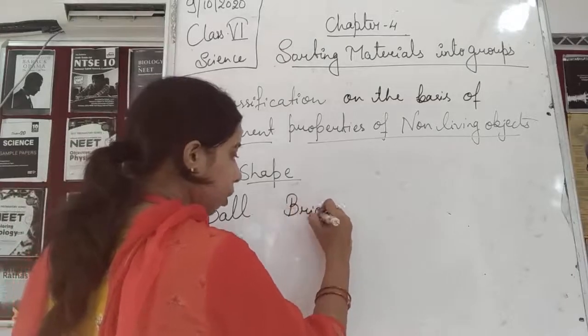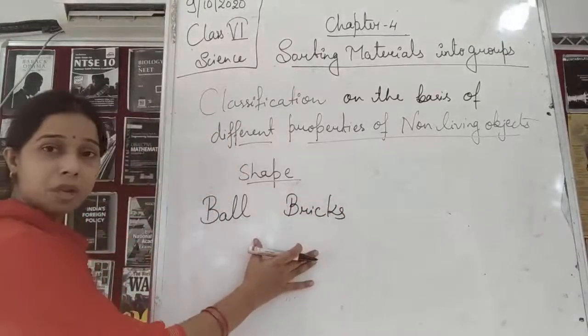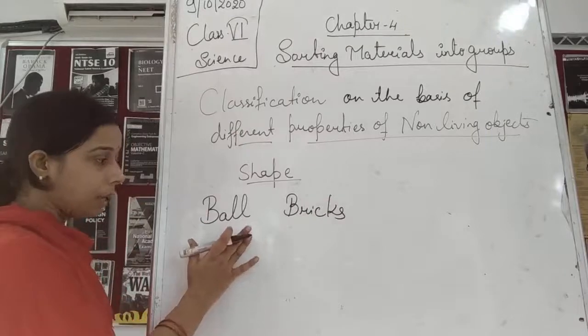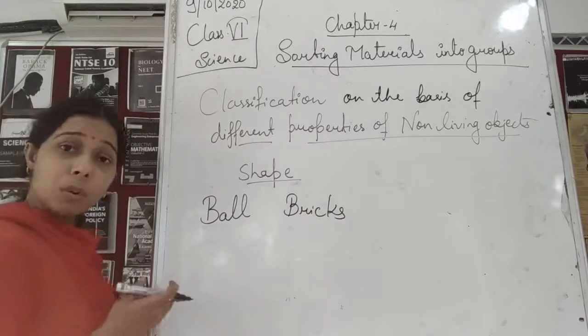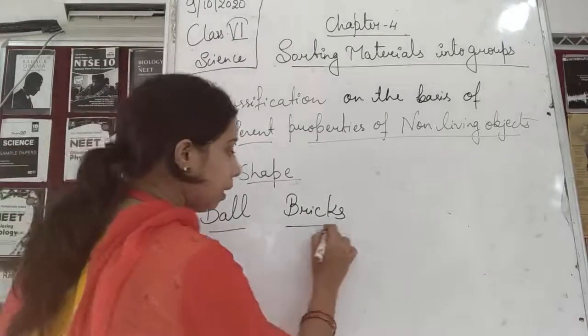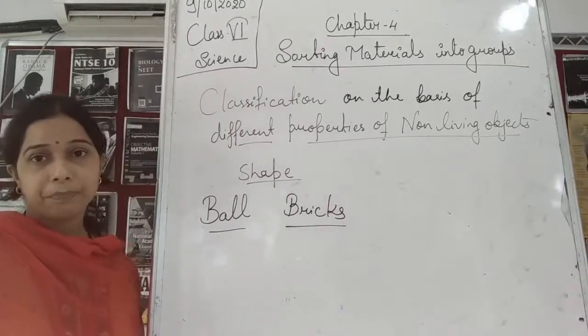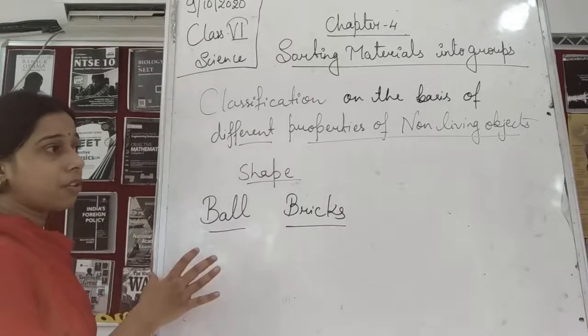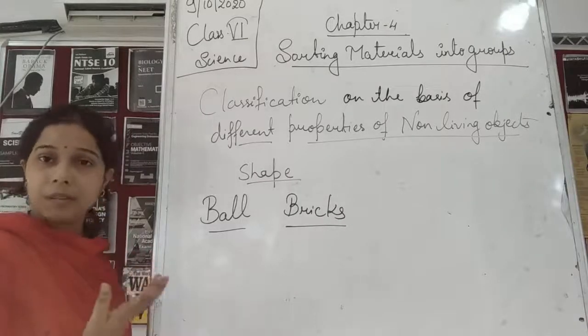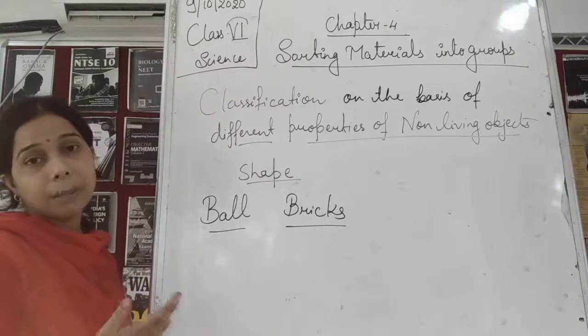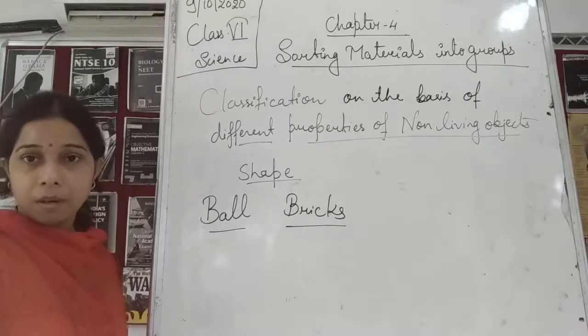Bricks are triangular or cuboidal in shape, and here it is circular in shape. So in both cases you can understand that they are of a different shape. So classification can occur on the basis of their shape.